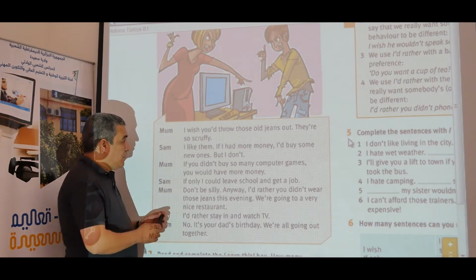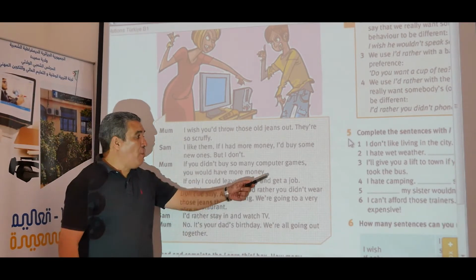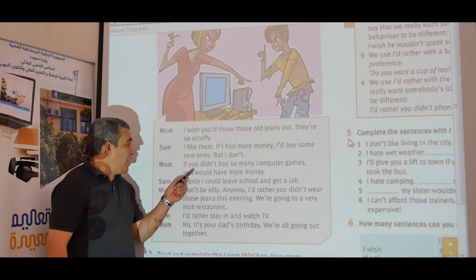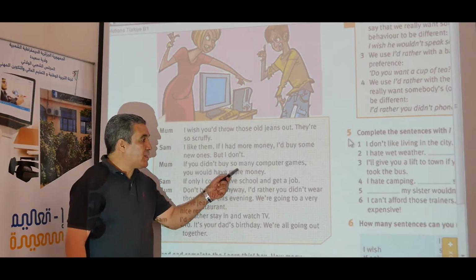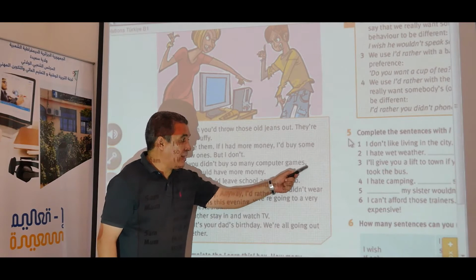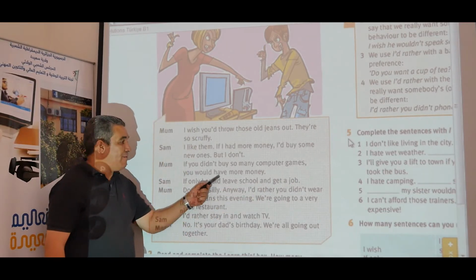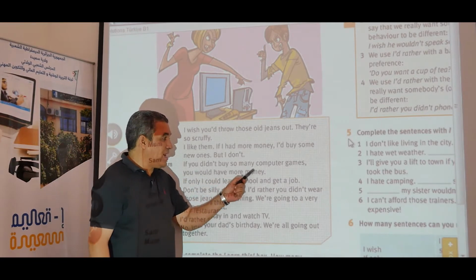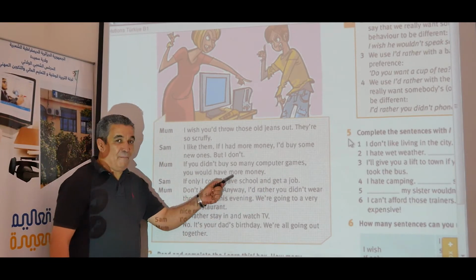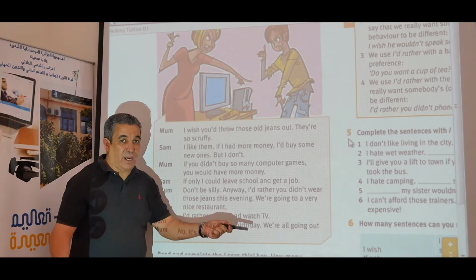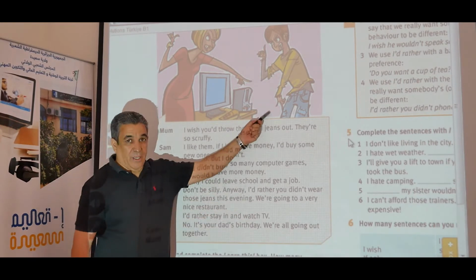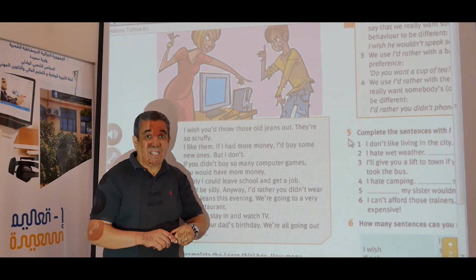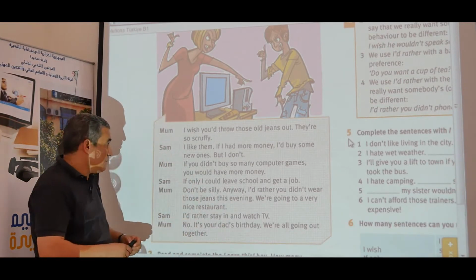"So, mom, if you didn't buy so many computer games, you would have more money." This is imaginary and unreal because the boy has spent all his money on games.